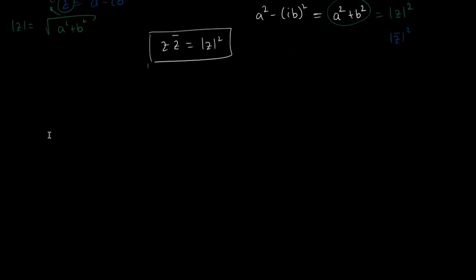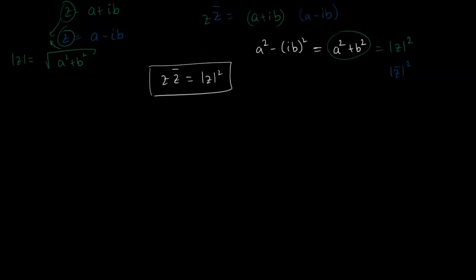If you added these two complex numbers, what happens if you added z and z bar? That gives you, since the imaginary parts cancel out, they are just the negatives of each other, 2a. Now a is the real part of z. So what that means is that you can write the real part of z as z plus z bar divided by 2.